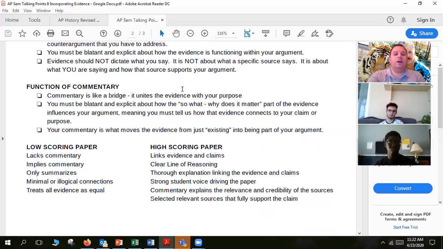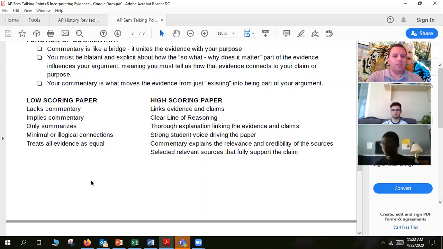Okay, this is when you tell me, again, explicitly how it connects to your claim or to your purpose. Okay, and then like it says here with the third bullet point, this is what's going to move you on that rubric. So this is what's going to take you from simply summarizing a bunch of articles to explaining to me how the evidence relates back to your argument.